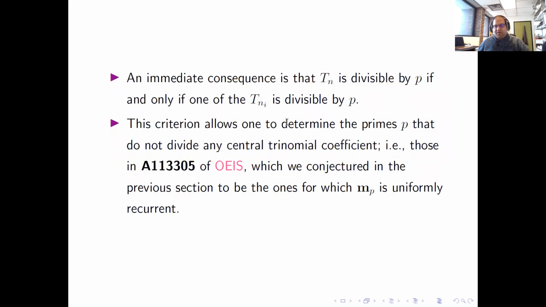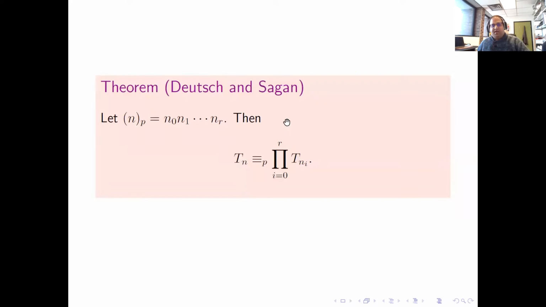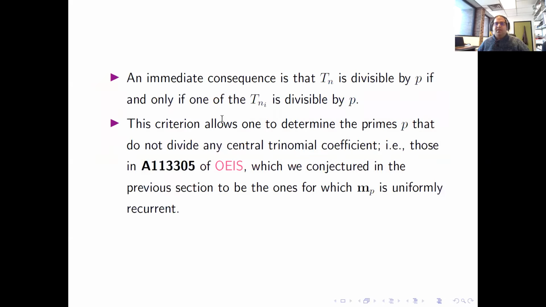What's immediate from this theorem is that Tn is divisible by p if and only if one of the Tn sub i is divisible by p. The Tn sub i come from the base p expansion. So we can immediately test whether or not the central trinomial coefficients are ever divisible by some prime p.